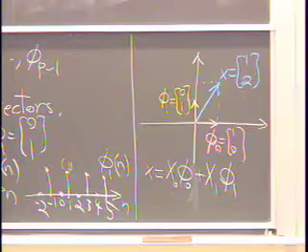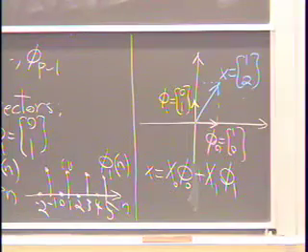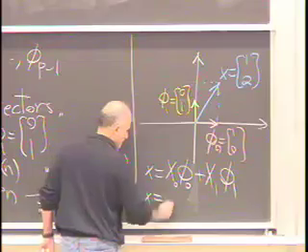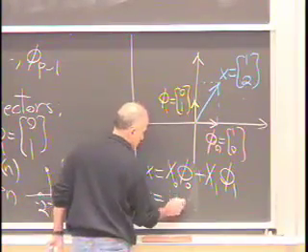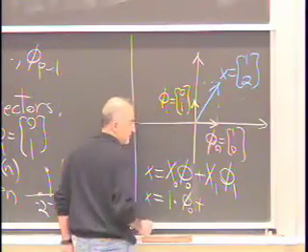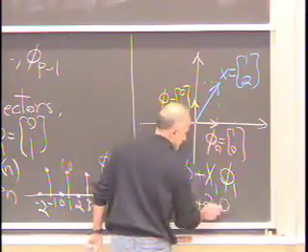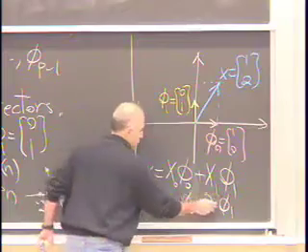Now, when the vectors phi 0 and phi 1 are of the form that I've shown, you can eyeball it. You can immediately tell me what those coefficients are. What are they? How much of phi 0 do I need? 1 times phi 0. How much of phi 1? 2 times phi 1. Okay?